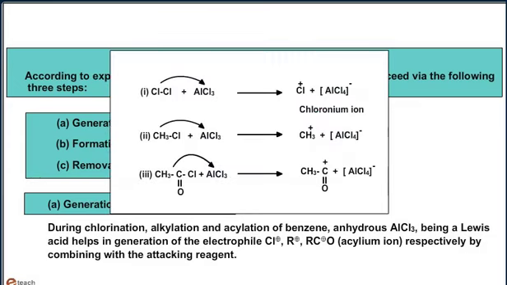Consider the reaction Cl2 plus AlCl3 gives Cl+, that is chloronium ion, plus AlCl4-, and also the reaction CH3Cl plus AlCl3 gives CH3+ plus AlCl4-, and also the reaction CH3-C(=O)-Cl plus AlCl3 gives CH3-C+=O plus AlCl4-. CH3-C+=O is known as acylium ion.